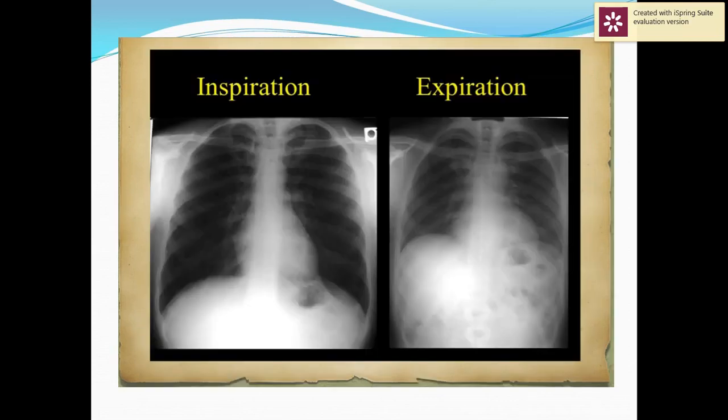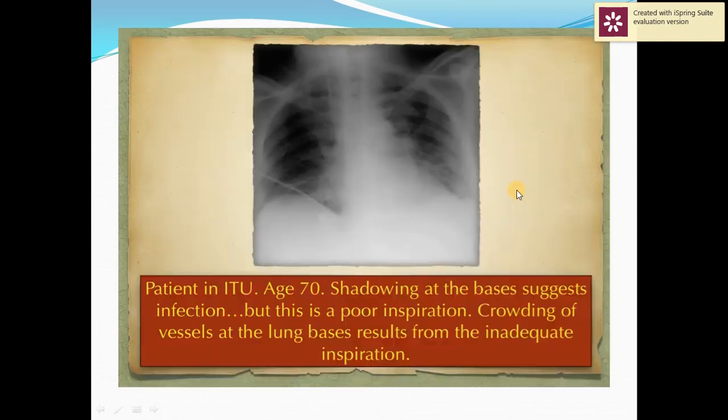Differentiating the inspiratory film, here is very normal, and the expiratory film also shows a decrease in the lung size and haziness in the left side. Patient in the ICU, 70 years old, shadowing in both bases suggests infection.